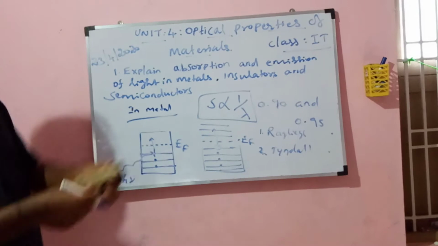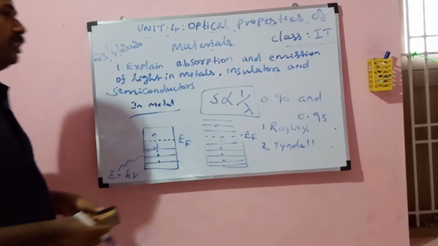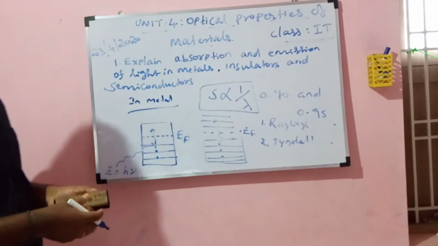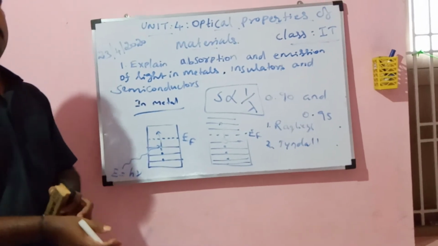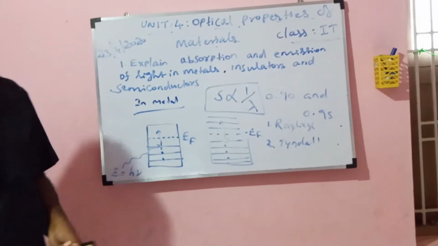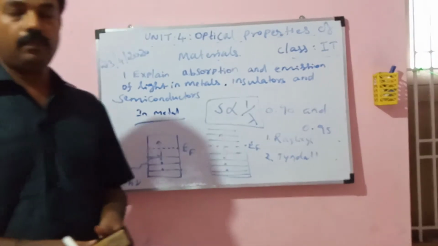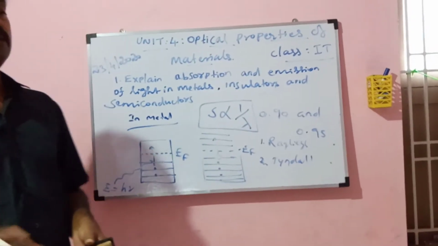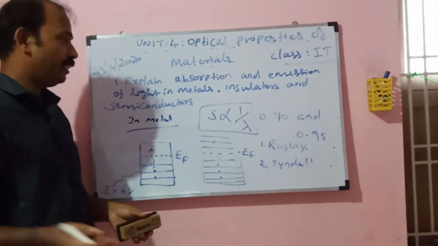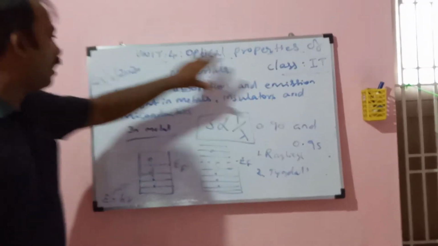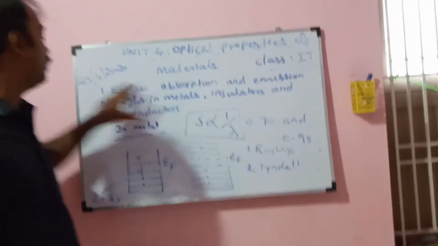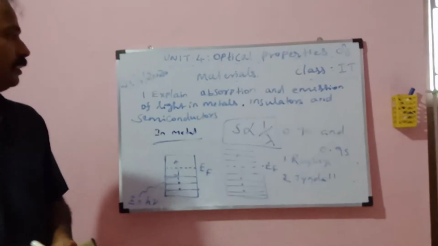And another scattering is Compton scattering, which explains the scattering of higher energy radiation like gamma rays and X-rays. So these are about the absorption and emission of light in the case of metals.